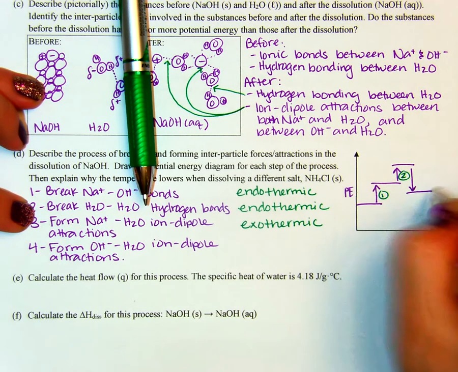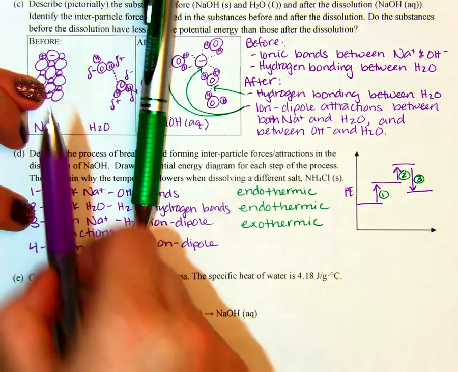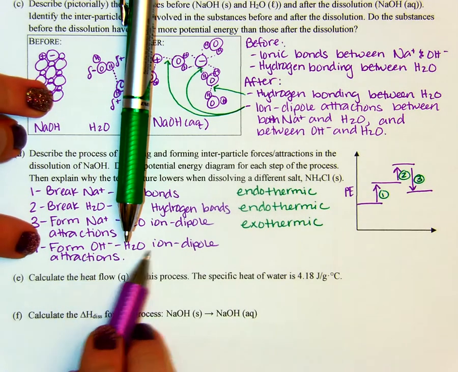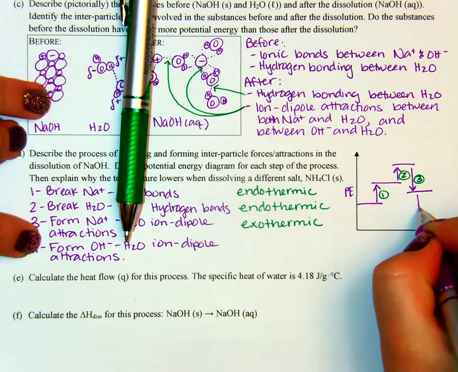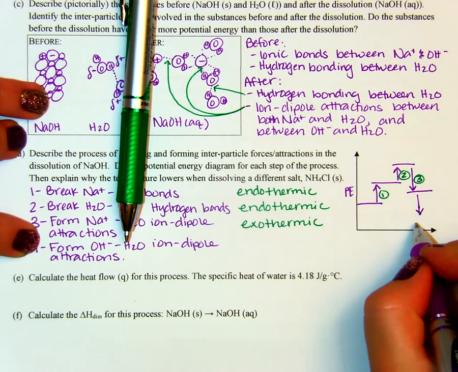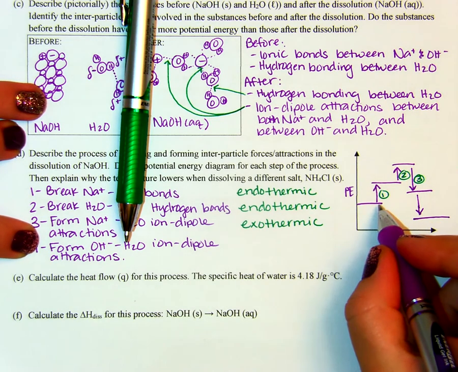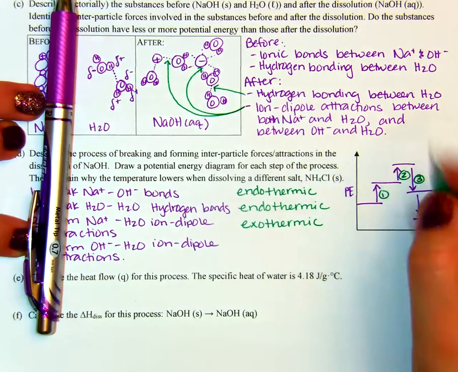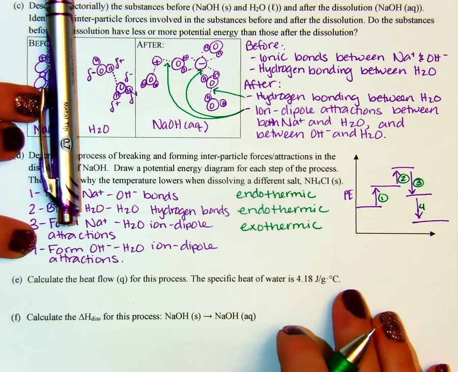And so this is from step 3. Last step, we're going to form hydroxide and H2O ion dipole attraction. So again, our potential energy is going to decrease. And we knew that this overall was exothermic. So it's important that I draw this final line for the products lower than the reactants were, right? Because this is what was this?